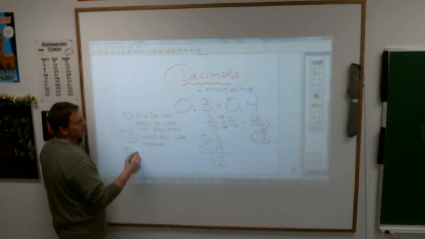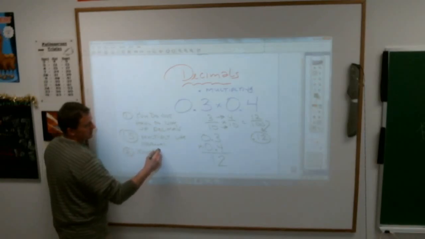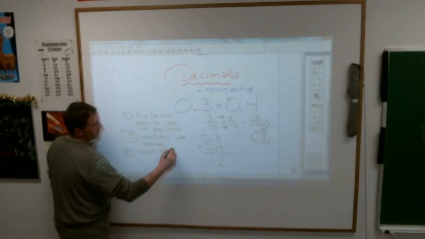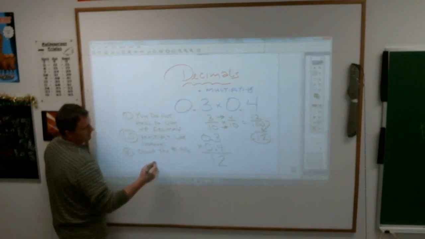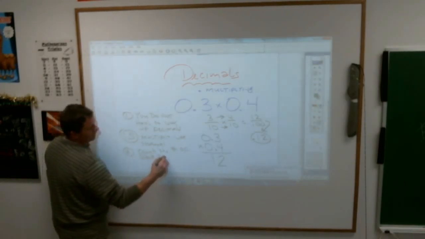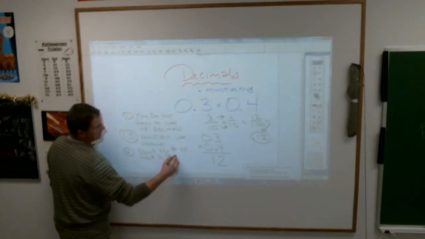And that's what step number 2 is. You need to count the number of digits to the right of the decimal.